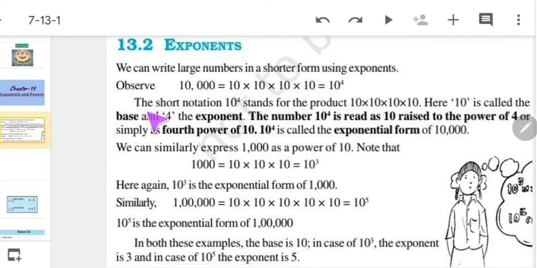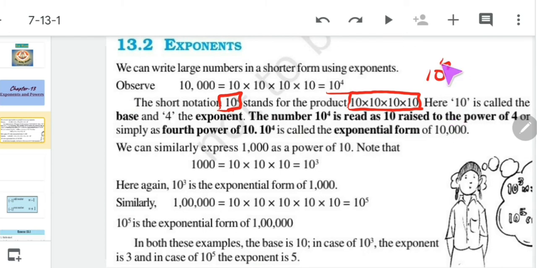Now it is written that the short notation, that is 10 power 4, stands for the product 10 multiplying with 10 multiplying with 10 multiplying with 10. That is, if 4 tens are multiplying with each other, we can write it in its shortest form as 10 power 4.